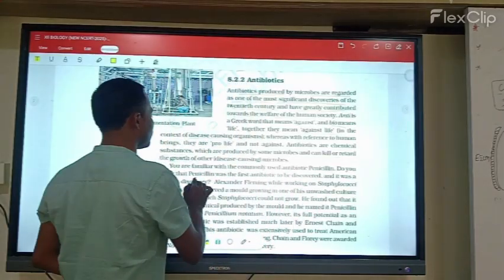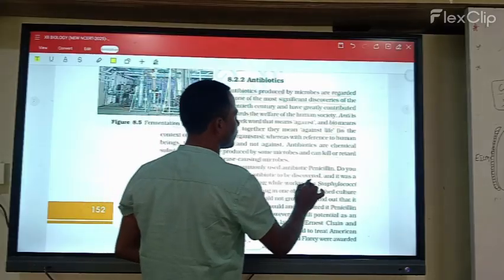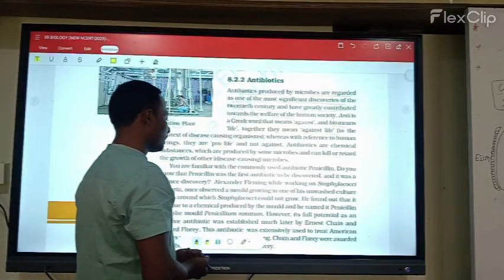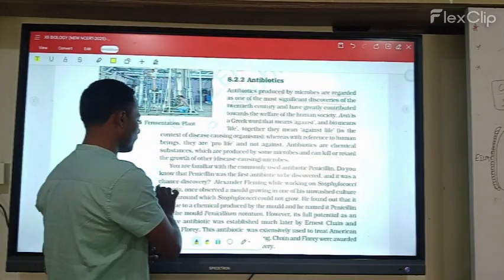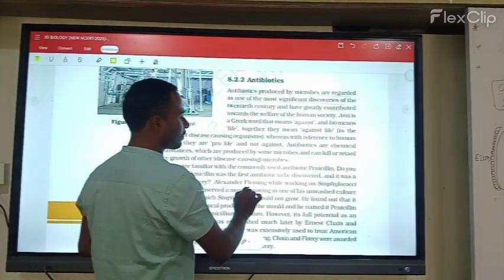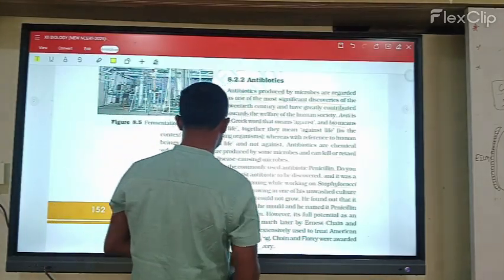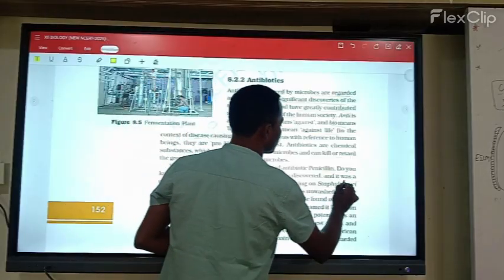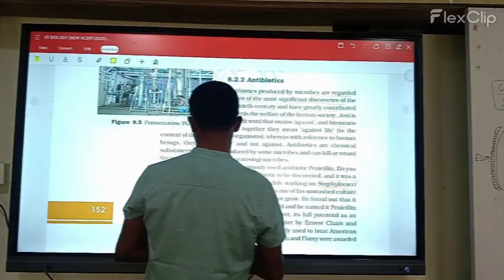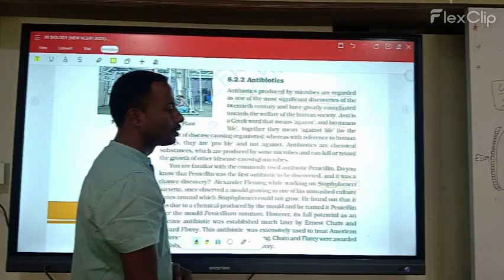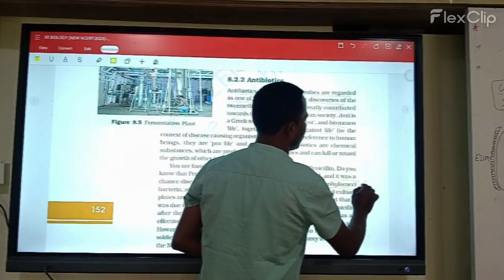You are familiar with a common antibiotic, penicillin. Do you know that penicillin was the first antibiotic to be discovered, by Alexander Fleming? The chance discovery: Alexander Fleming was working on Staphylococci bacteria, very important.